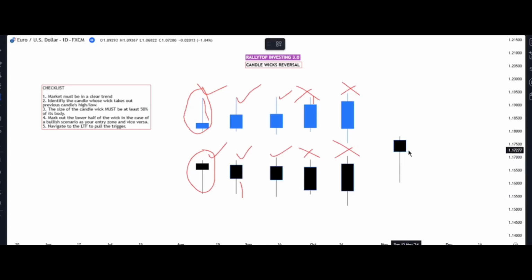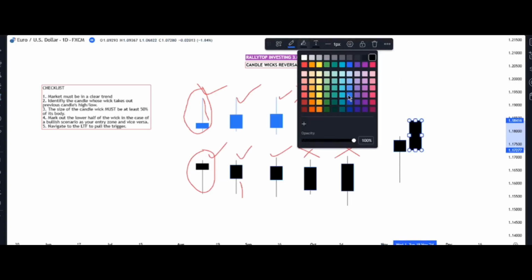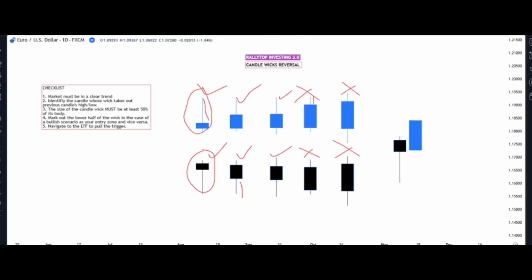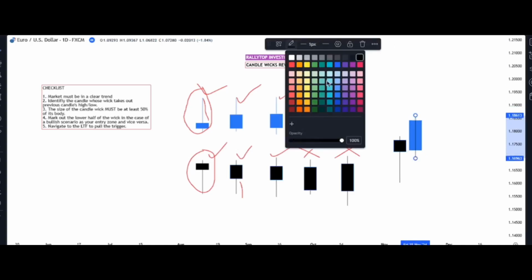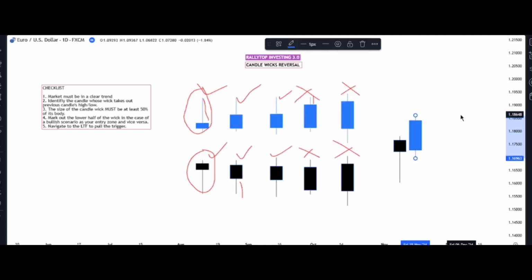Now, the next candle is a bullish candle, and it goes up. All right, let me change that color. And then you are expected to see this wick, this one. A wick must come to this lower part. This wick needs to come not more than these lower parts.